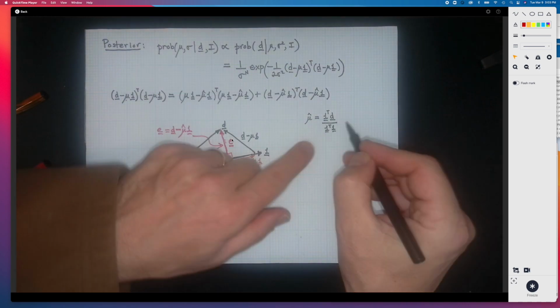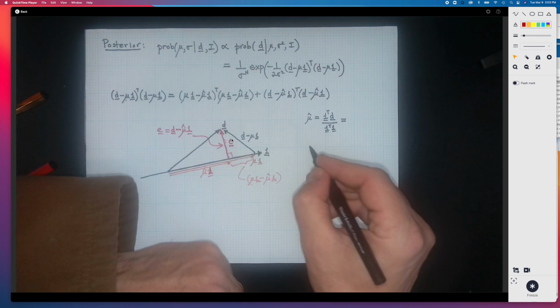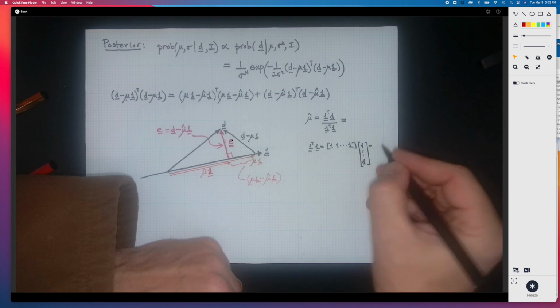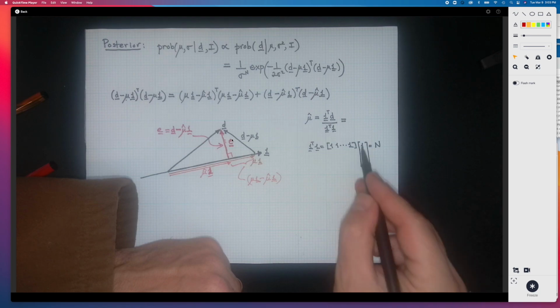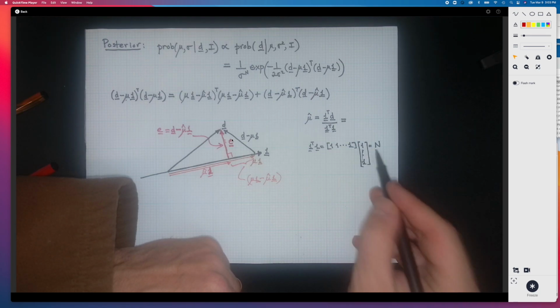And what does this mean? Well, 1 transpose 1 is just n. It's 1 plus 1 plus 1, n times, because the vector 1 has n components.